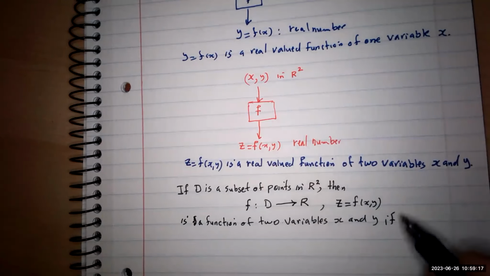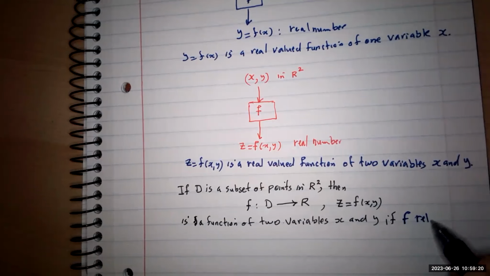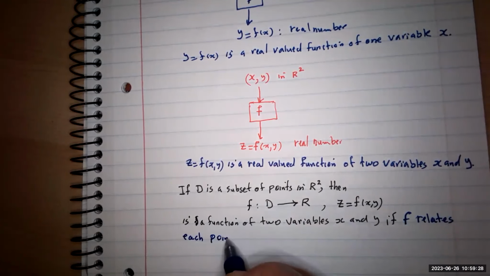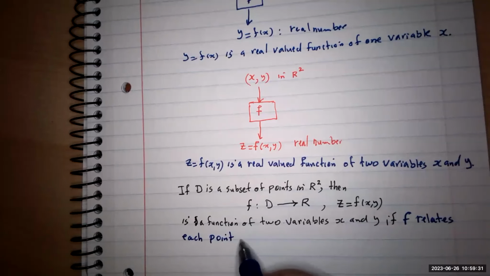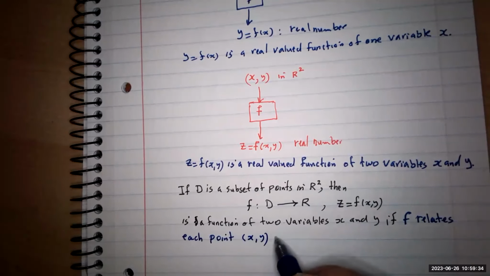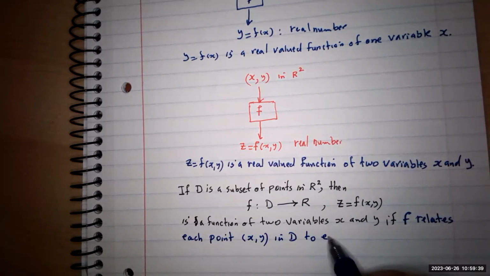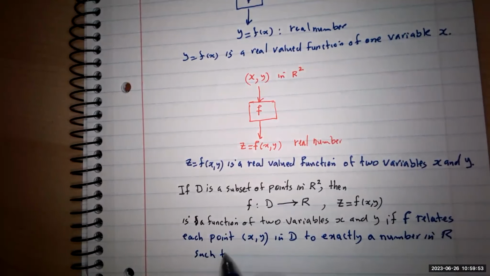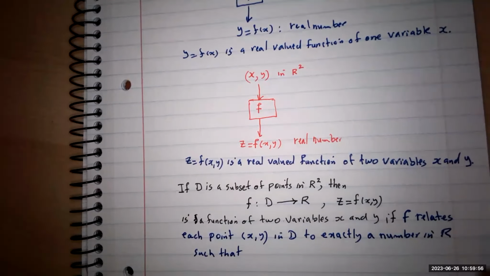The same thing as we did with the function of one variable: f relates each point x, y in the domain D to exactly one number in R. That's the official definition of a function.